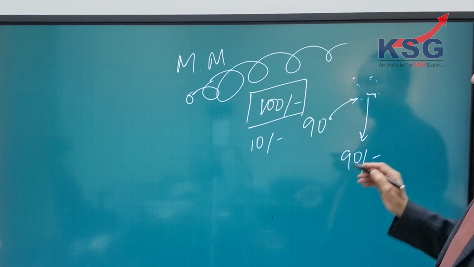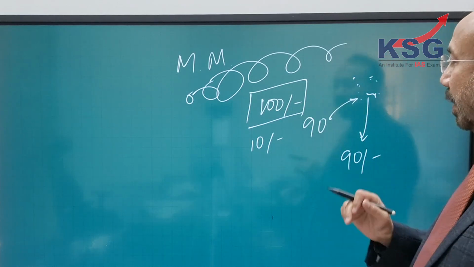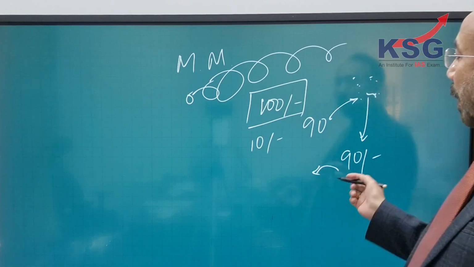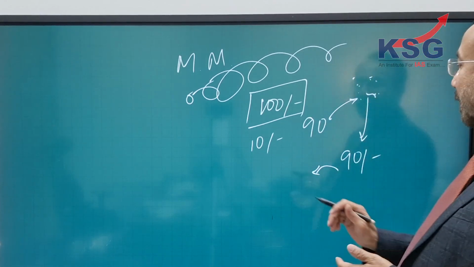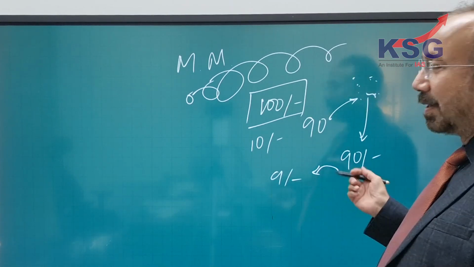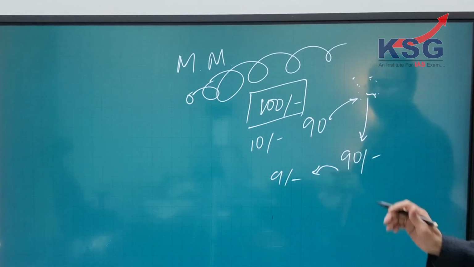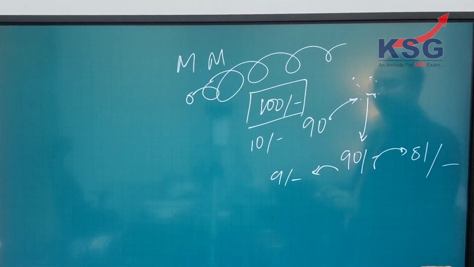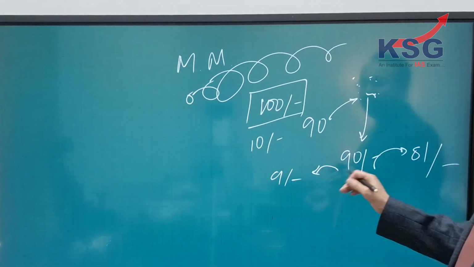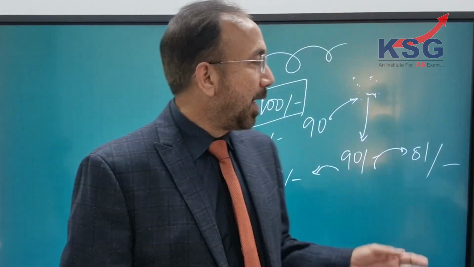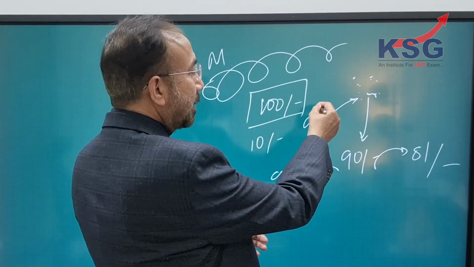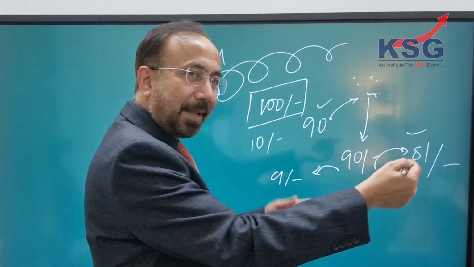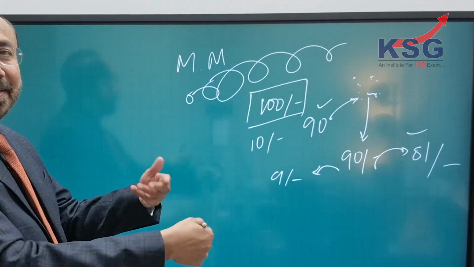This bank is again required to maintain 10%. So 9 rupees it keeps, and then another 81 rupees goes into the market, isn't it? So first 90 rupees, then 81, and then the whole process continues.